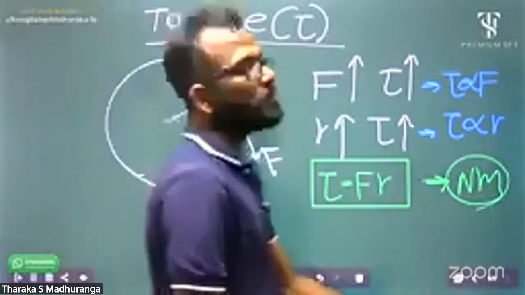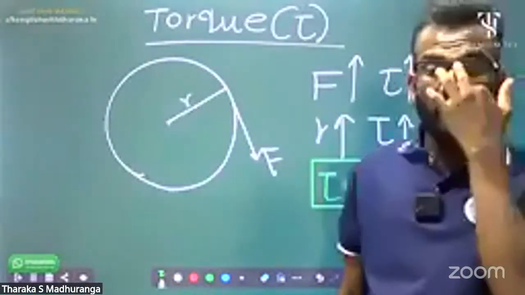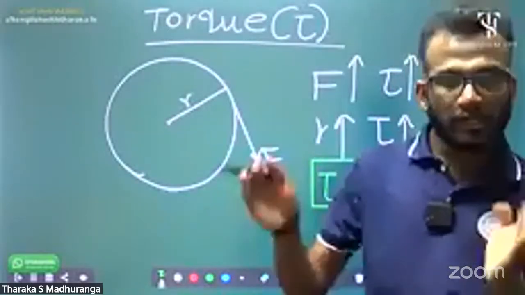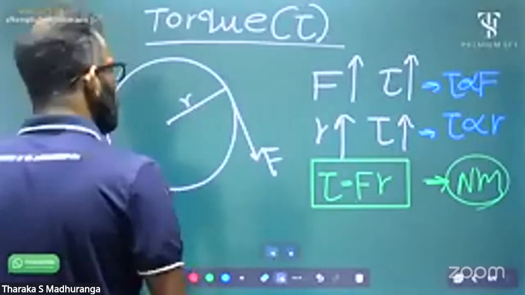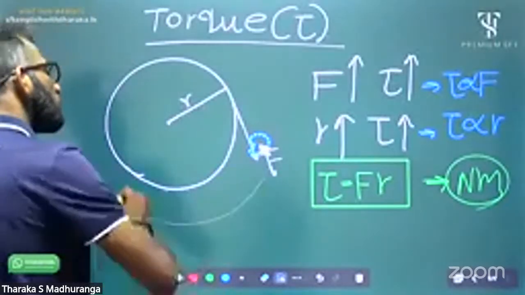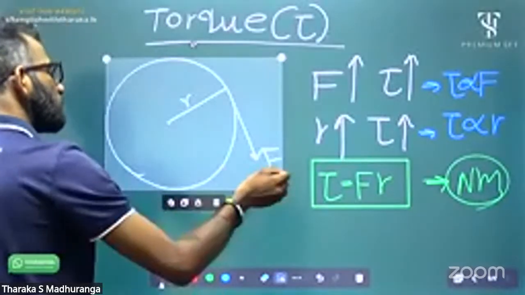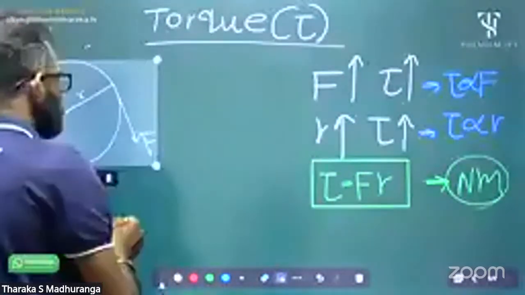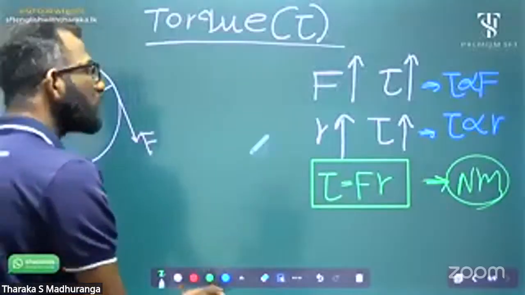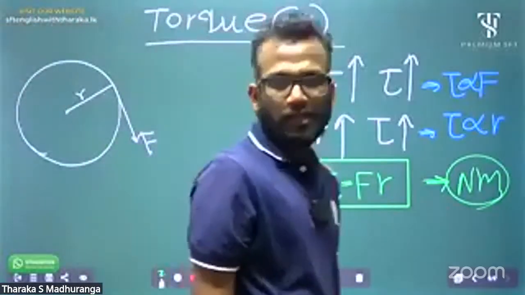But we can get another equation and another relationship for torque using moment of inertia. What's the meaning of moment of inertia? The moment of inertia, capital I, is the reluctance of any object to change its rotational motion.